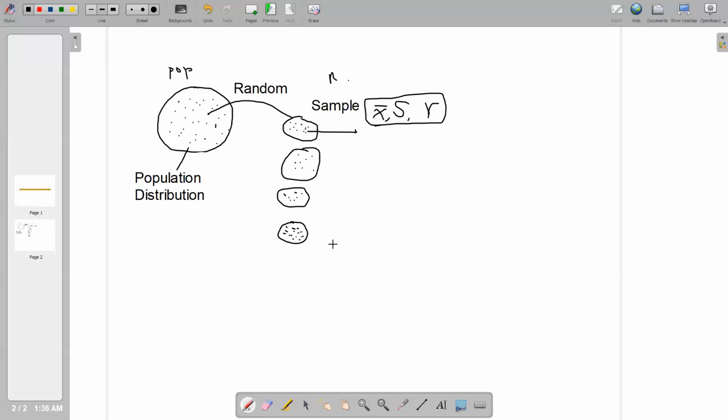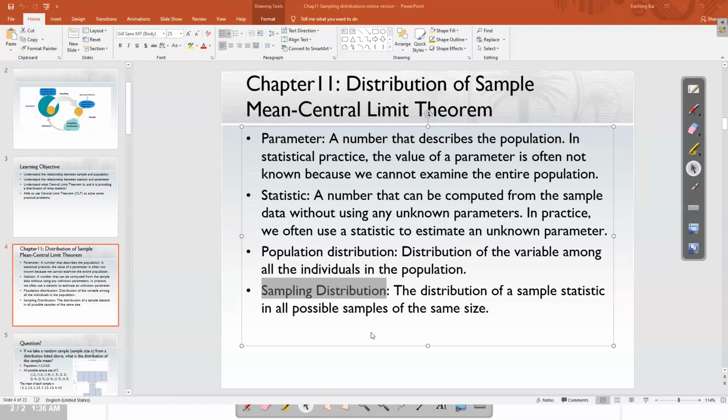And the distribution of the statistic, any of the statistic, is called sampling distribution. Okay, so that's sampling distribution, the distribution of any sample statistic of the same sample size.